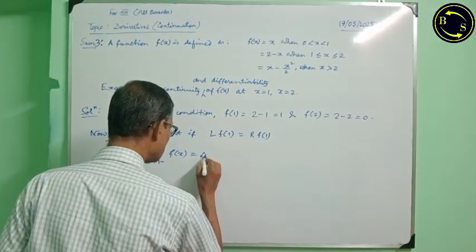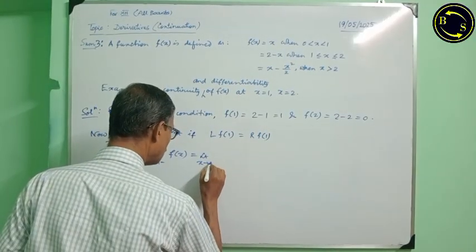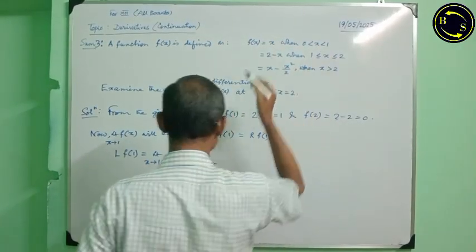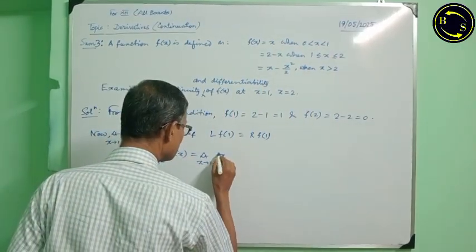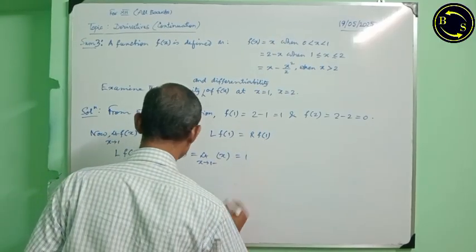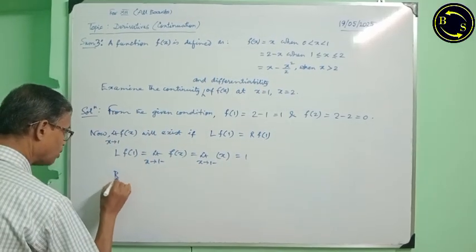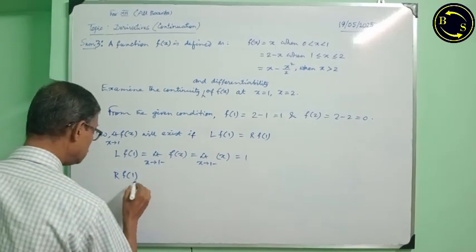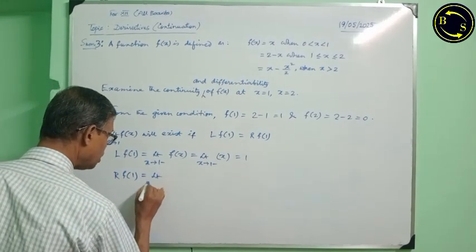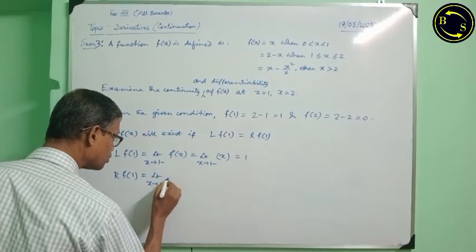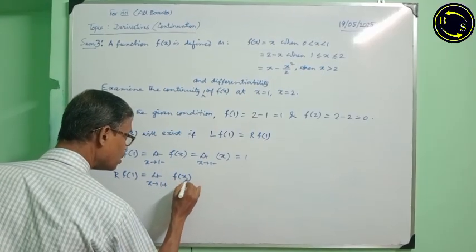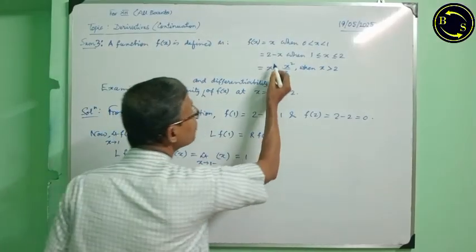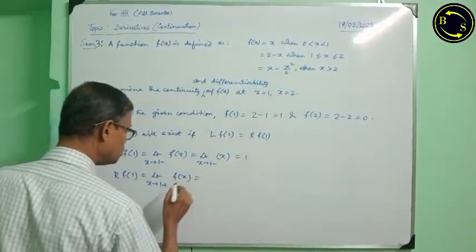Limit x tends to 1 minus, less than case, the function will be x, that is equal to 1. Rf1 is limit x tends to 1 plus fx, greater than 1 case, that means just greater than 1.